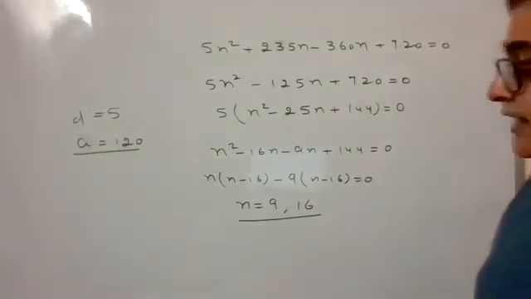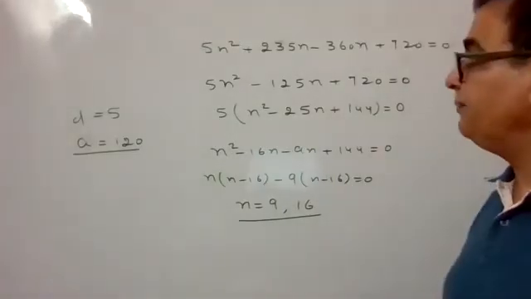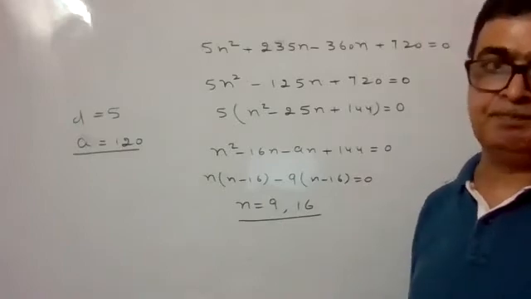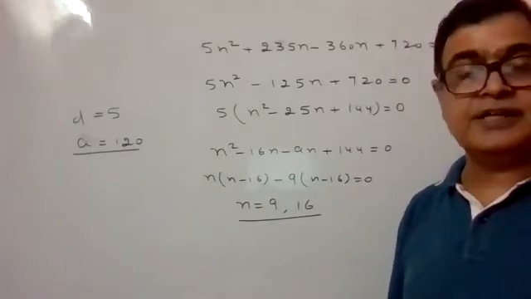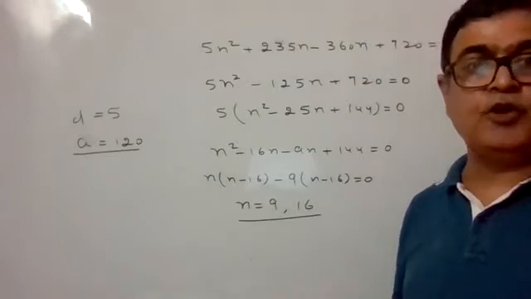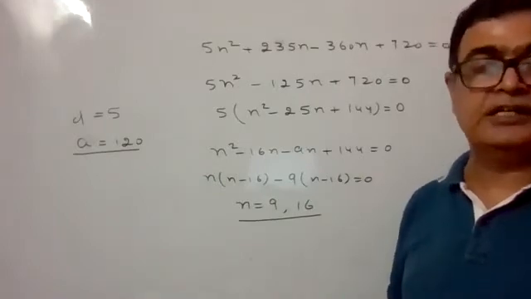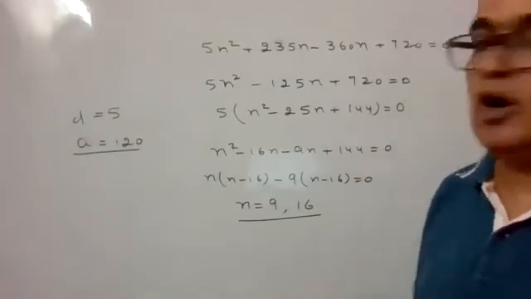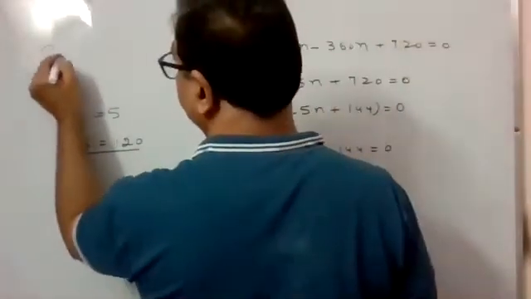Now, which answer should be accepted and which should not, we should keep that in mind. Whatever formula of sum of interior angles you have taken is for a convex polygon.